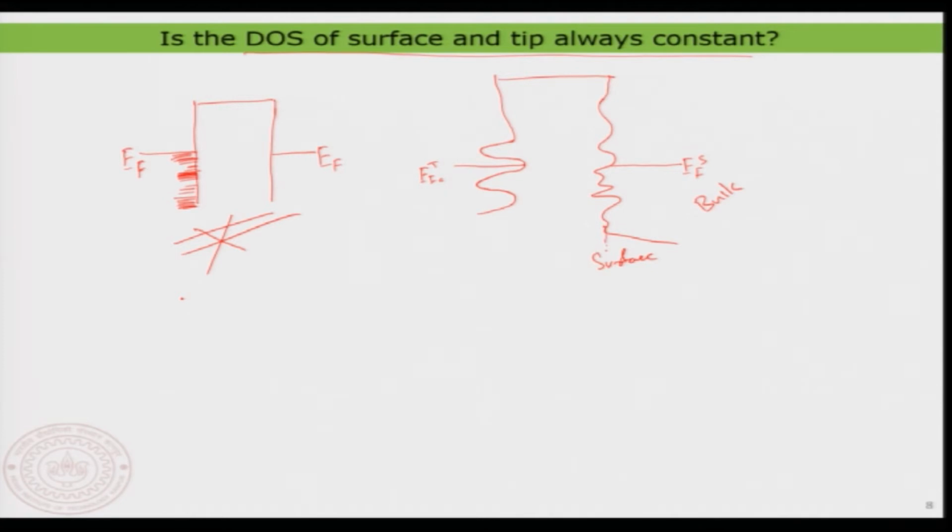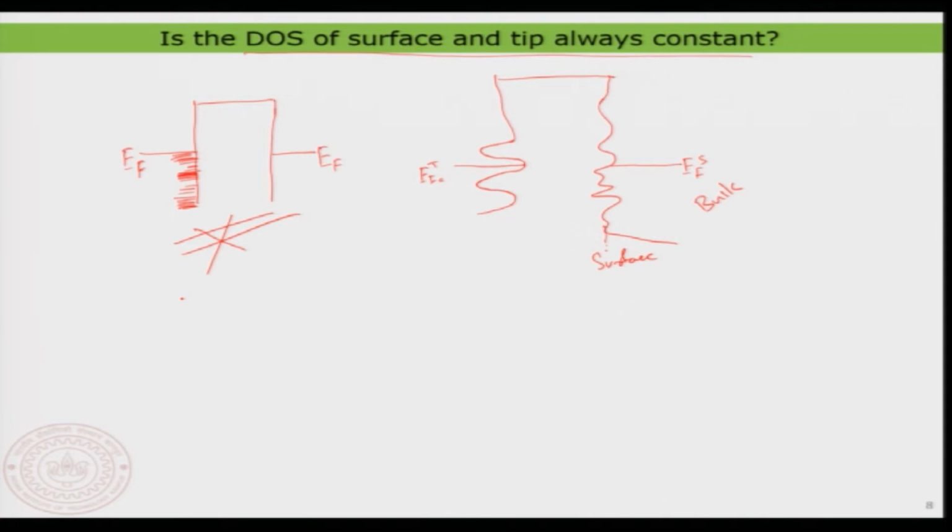If there is a variation in the density of states of the material near the surface, then everything is going to look like this. That is something we want to determine, because we want to clearly understand the electronic structure of the material using the tunneling spectrum.